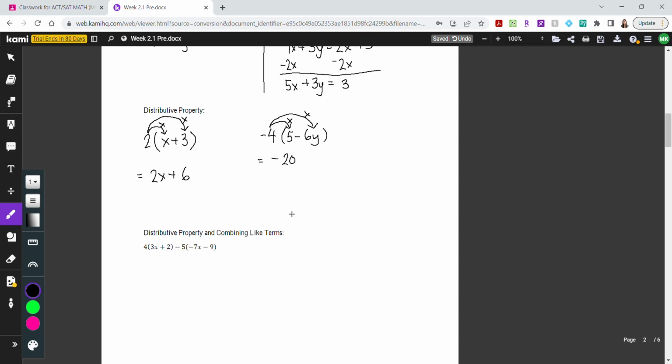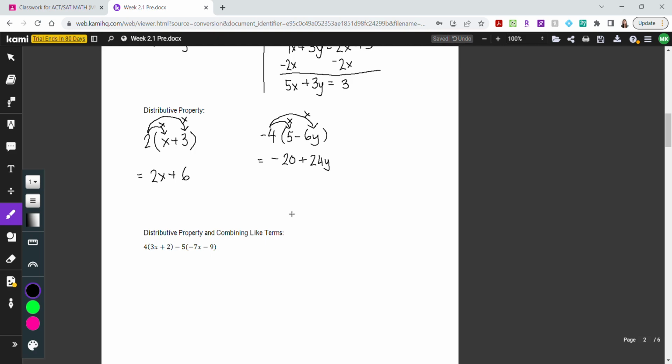Because negative times positive will equal negative, so we get a negative number. And then we need to do negative 4 times negative 6y, which is going to give us positive 24y, right? Because negative times negative equals positive. And so after distributing, we will get negative 20 plus 24y.